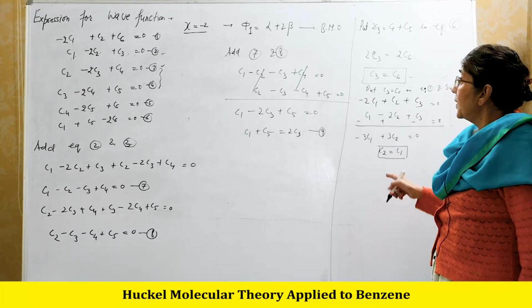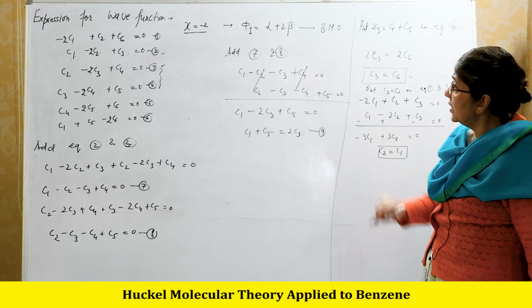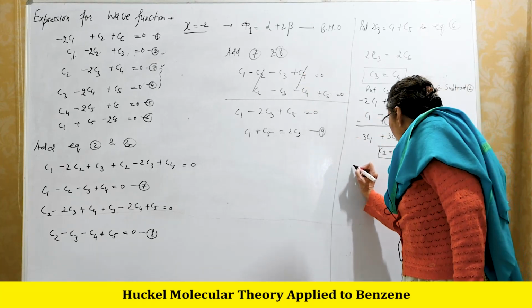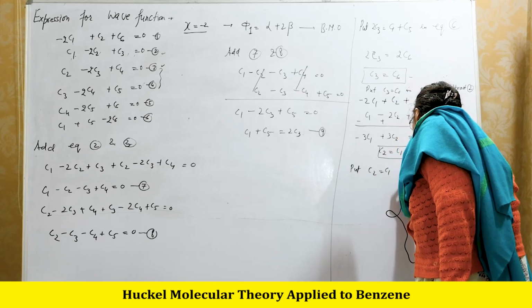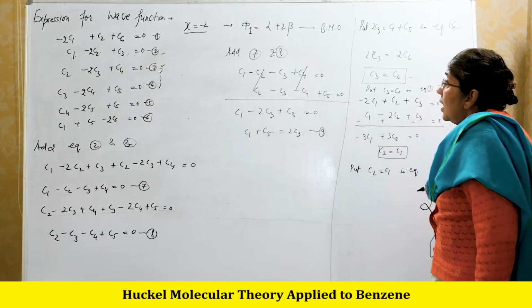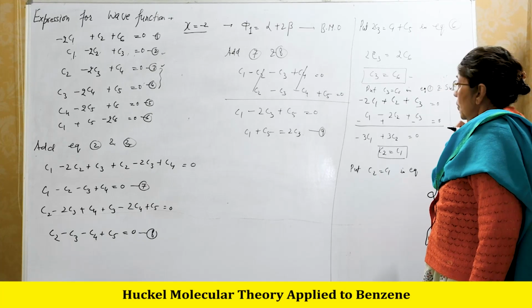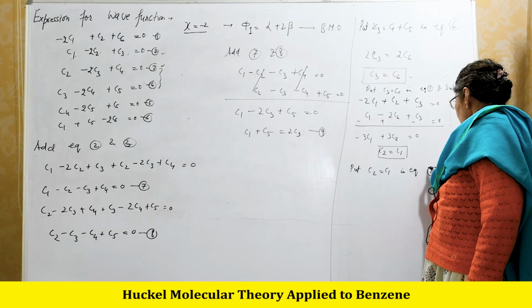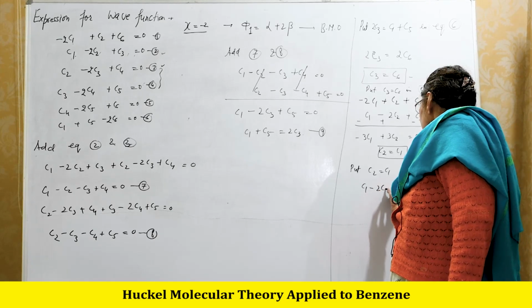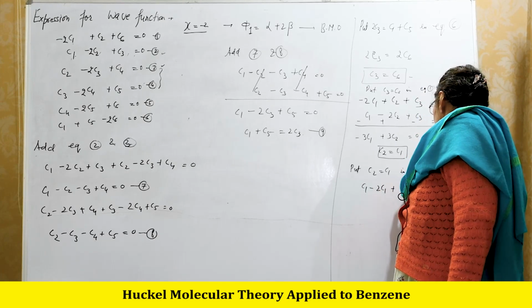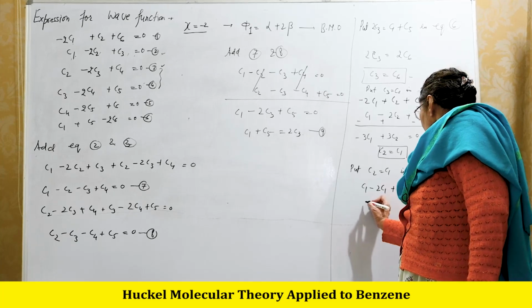And now put C2 equal to C1 in equation 2. So you get C1 minus 2C1 plus C3 is equal to 0.